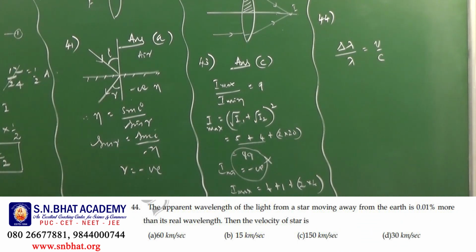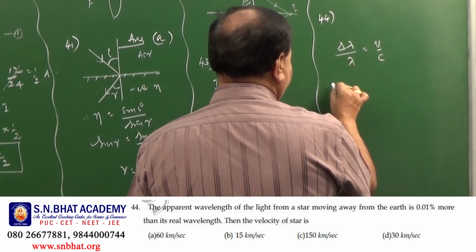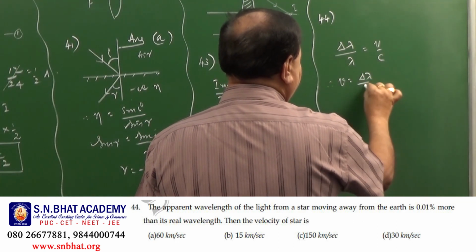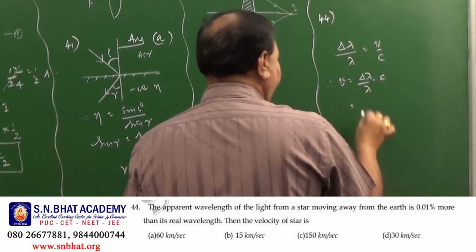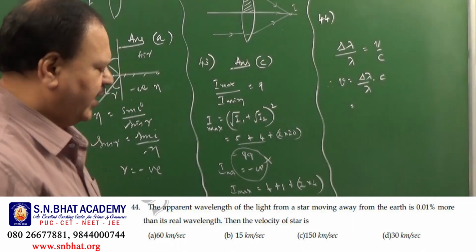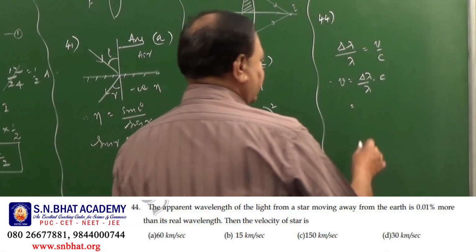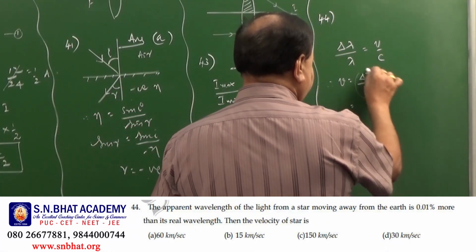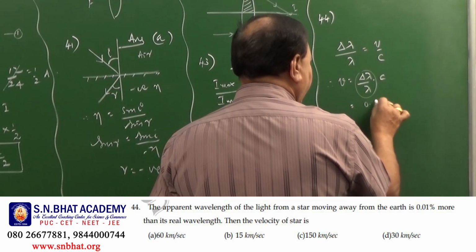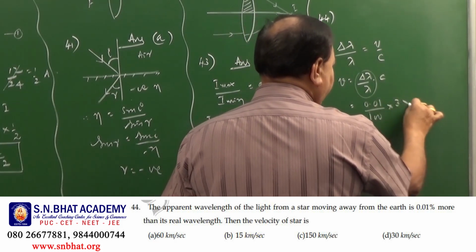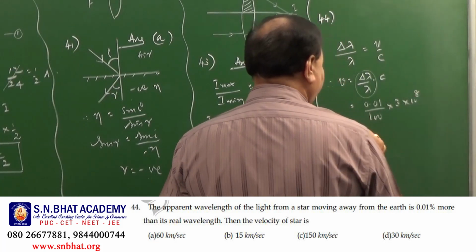He is asking for V, therefore V is equal to delta lambda by lambda into C. Delta lambda is the change in the wavelength, which is 0.01% of the original wavelength. Therefore this ratio is 0.01% and C is 3 into 10 to the power of 8, the speed of light.